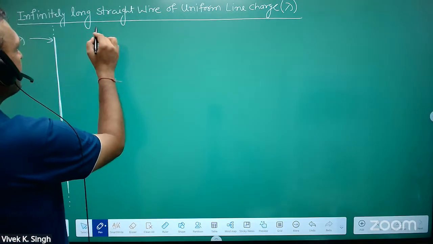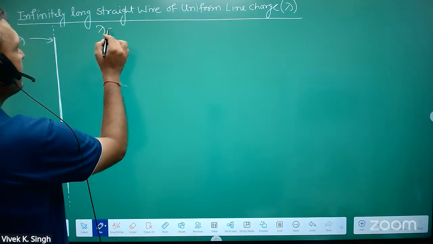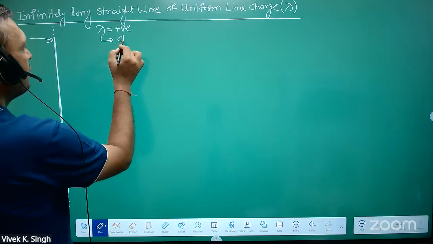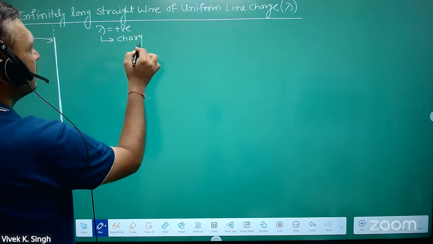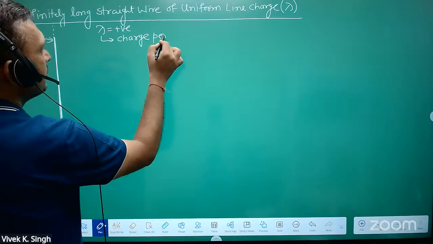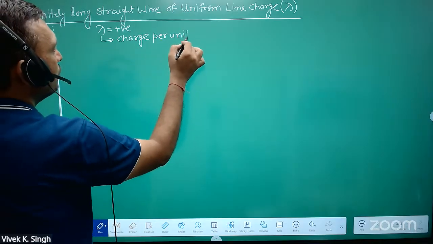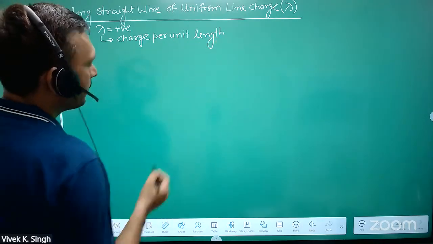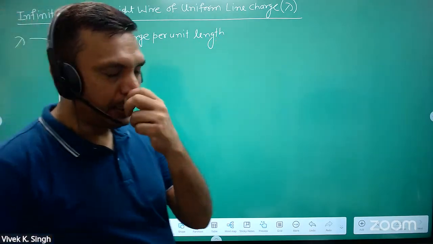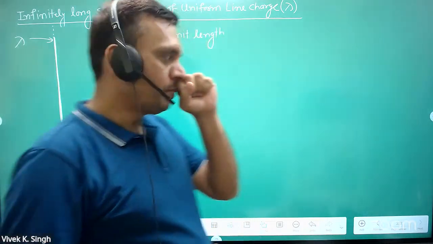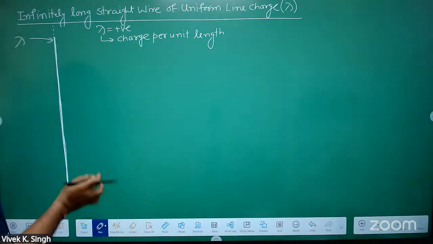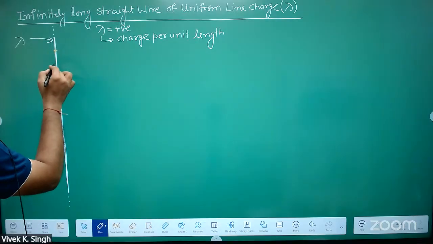Here lambda is positive. This lambda is positive value, and this is charge per unit length. Lambda is positive, means you have to consider positive charge over it.